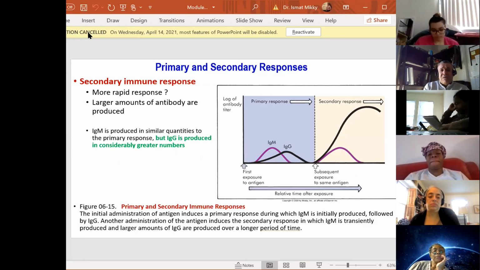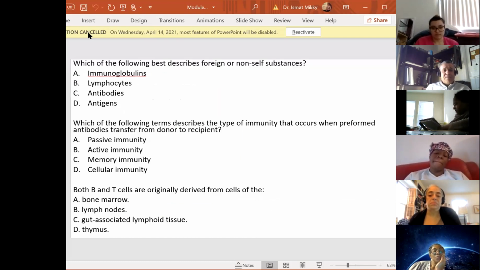The secondary immune response will be more rapid than the primary one, and we will have large amounts of IgG, immunoglobulin type G. The IgM will be produced in similar quantities to the primary response, but the IgG is produced in large amounts in the secondary response. That's why the secondary response will be more heightened, more intense and more rapid.